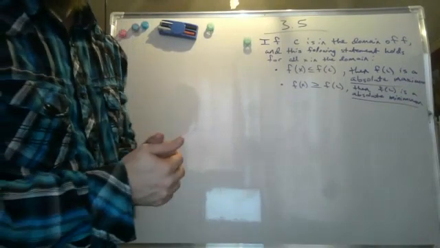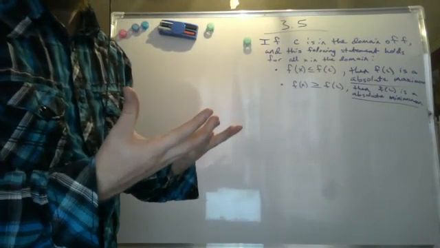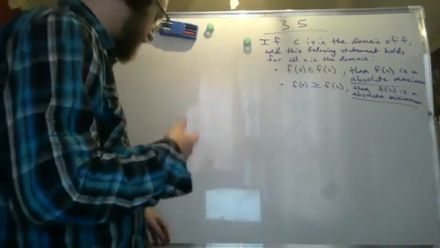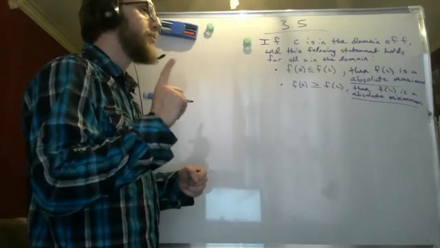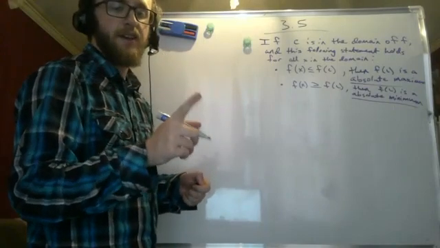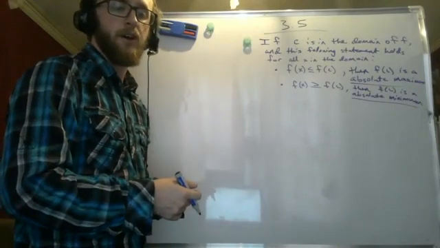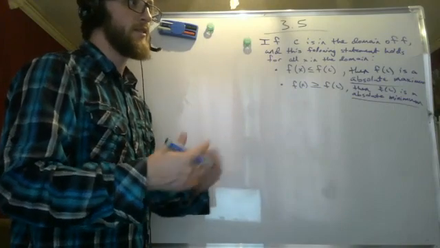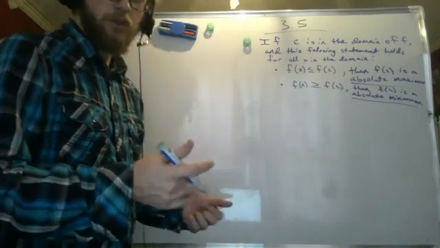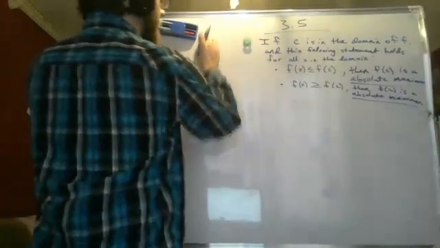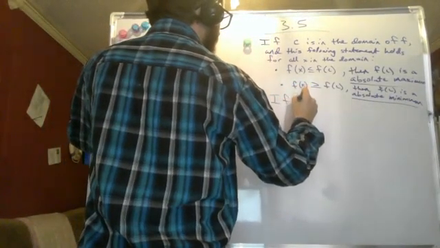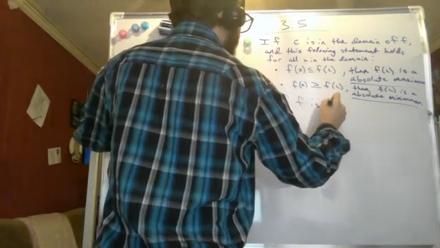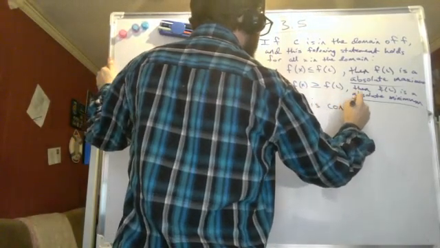Well, we have this interesting if statement, which I don't believe you'll be specifically tested on, but it is a nifty little thing to notice that can be helpful sometimes. So we have the statement: if f is continuous.